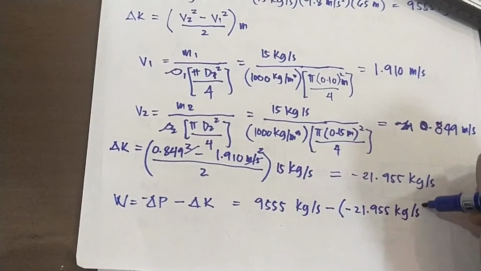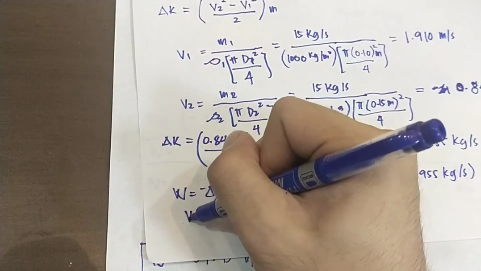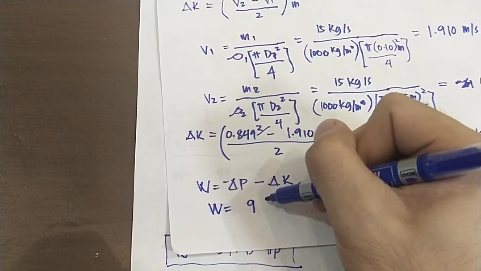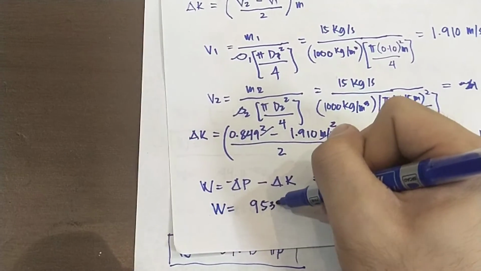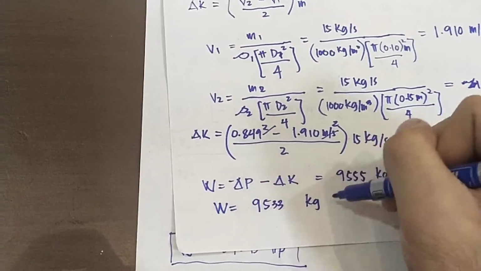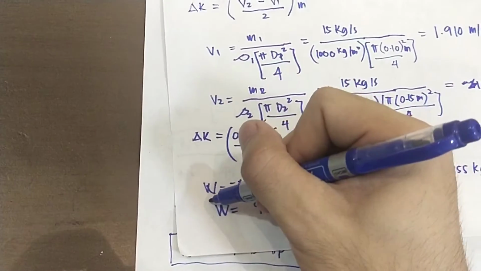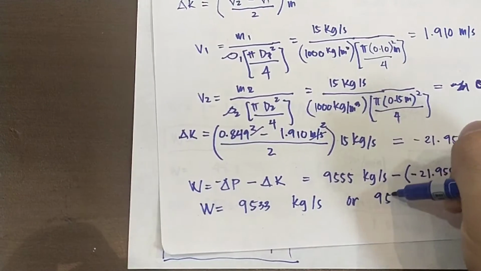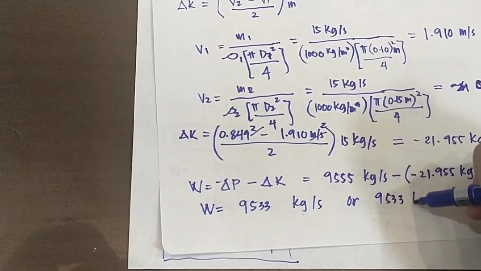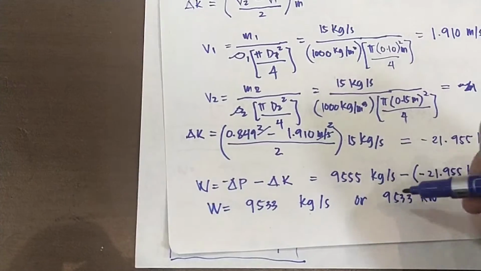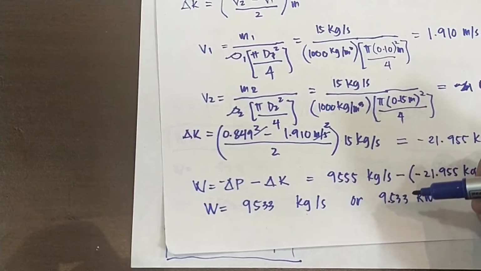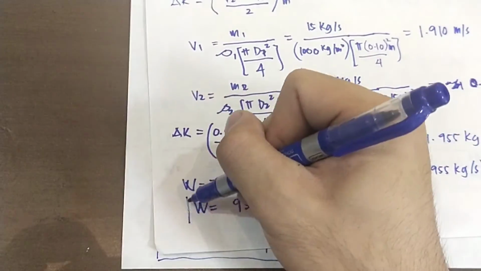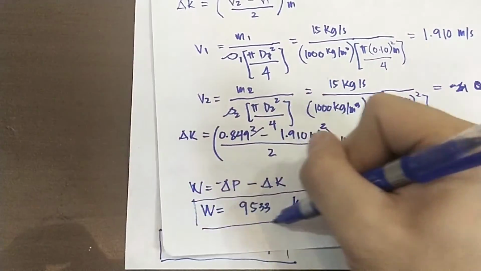So our work now is 9,533, or 9,533 kilowatts. That's all.